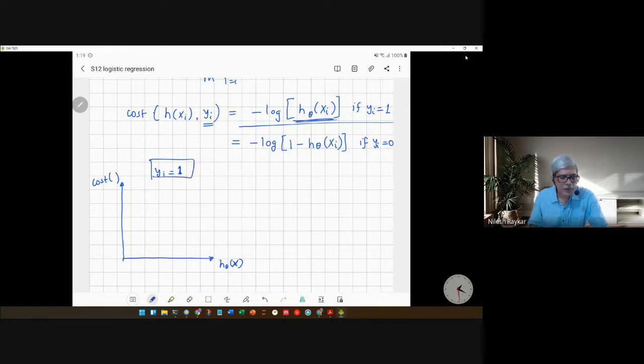So tell me the value of this cost function when h theta x is equal to 1. h theta x can take any value between 0 and 1. What we want to predict is h theta x equal to 1, and in that case, the cost should be minimum. So let's see whether this function does that. What is the value of this cost function when h theta x equal to 1?